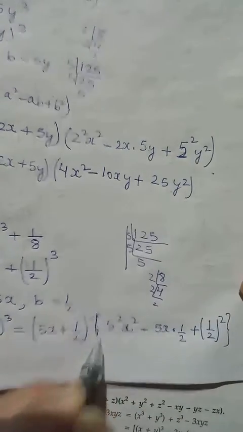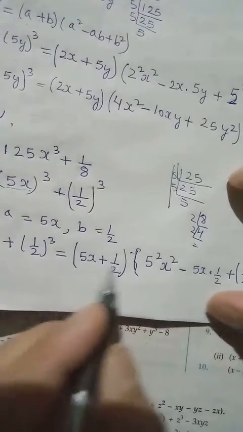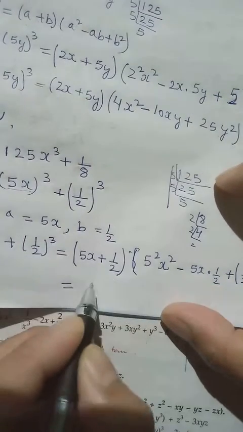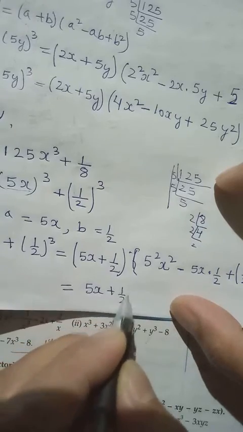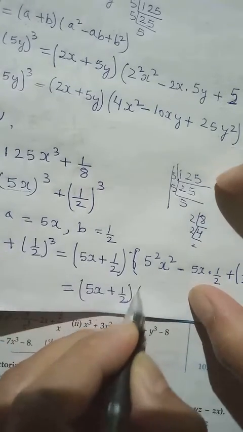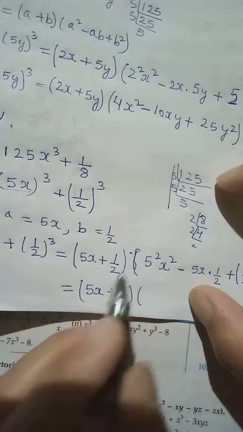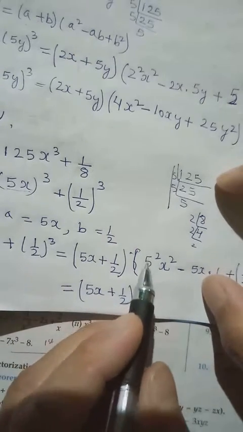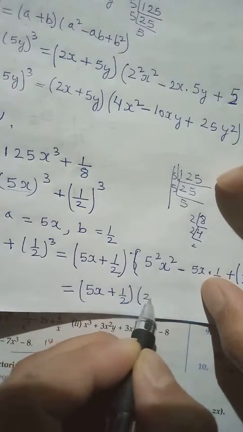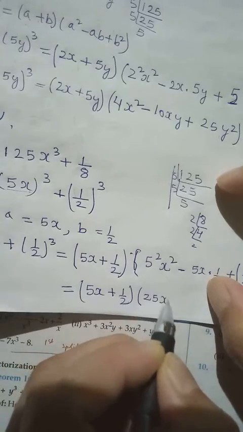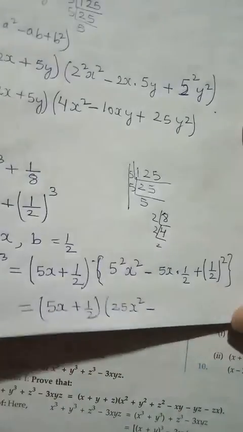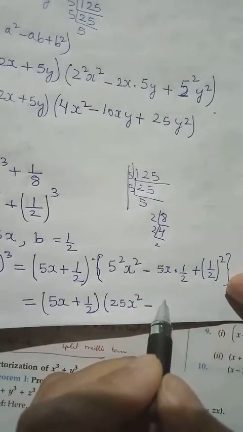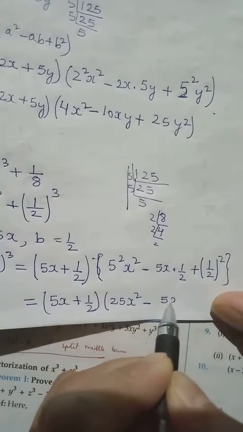So now what to do? The first part we cannot do anything, that remains like that only. Then in the second part, 5 square. 5 is a number, we can multiply. 5 into 5, 25 along with x square. Minus 5 into 1, 5 along with x.